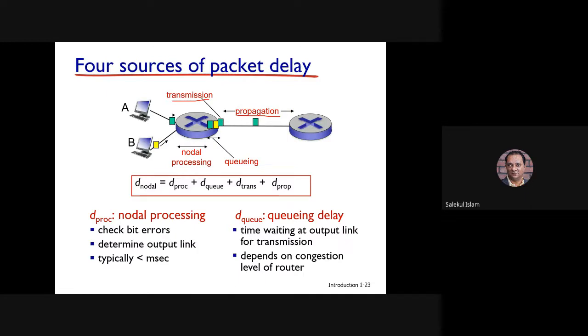So nodal processing মানে you have to decide, আমরা বলছি না যে আমরা ডিসিশন নিব যে কোন পাথে আমি এই প্যাকেটটাকে রাখবো। এখন before taking that decision, the first thing a router does, প্রথম যে কাজটা সে করে সেটা হচ্ছে গিয়ে এরর চেকিং। এরর চেকিং মানে হচ্ছে তুমি যে প্যাকেটটা রিসিভ করতেছো, সে দ্য গ্রিন ওয়ান you have just received here through this interface. So first you will check for any kind of bit error.